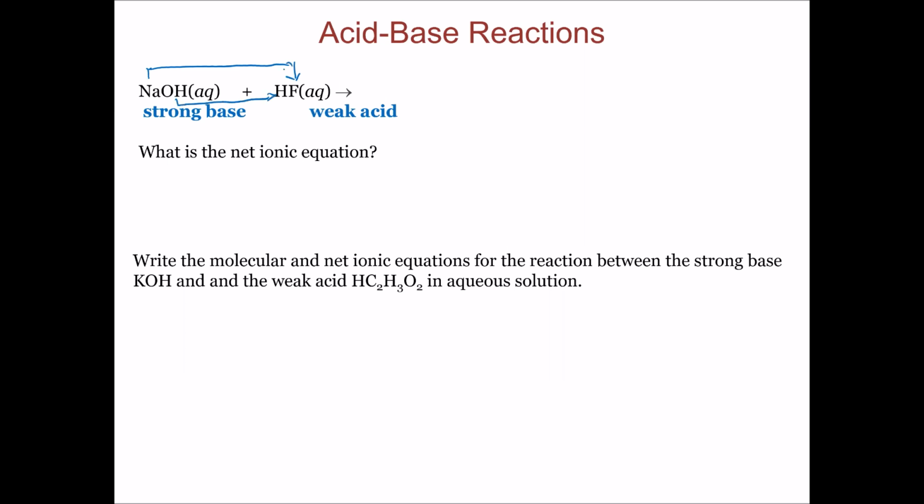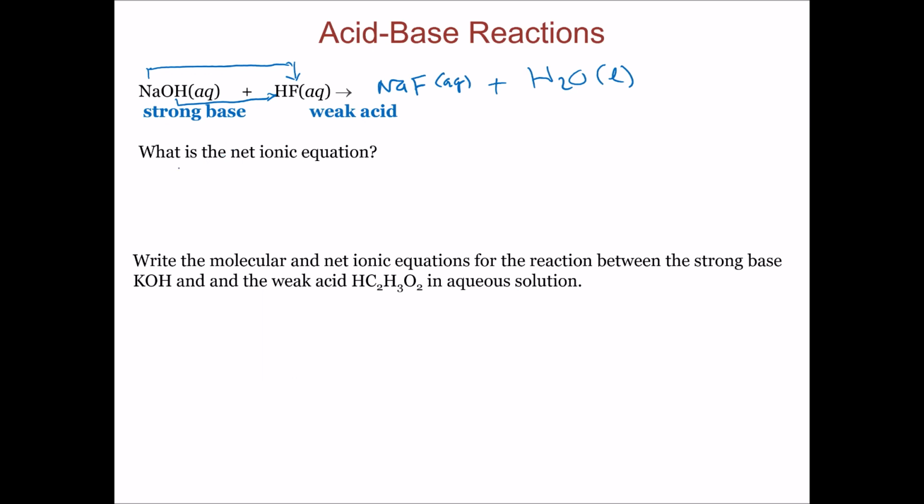So it's going to be NaF, which is going to be an aqueous solution, a soluble salt, because it's a salt of sodium, a group 1 cation, plus H combined with OH to make water, which is a covalent liquid compound. That's the molecular equation.